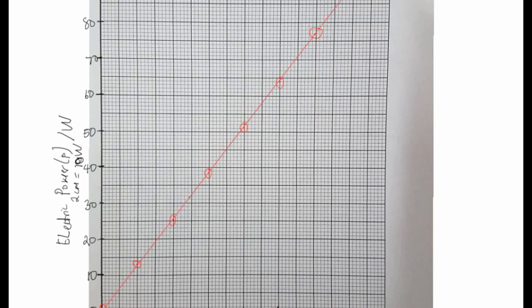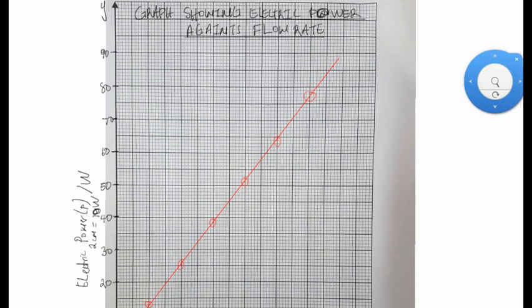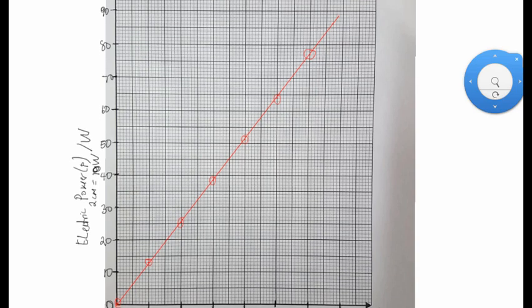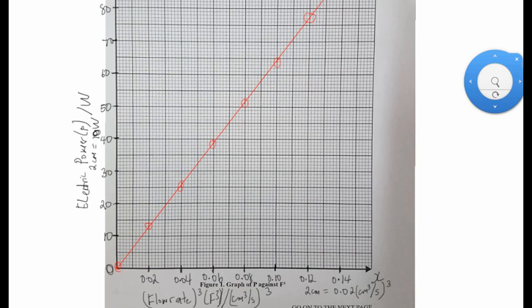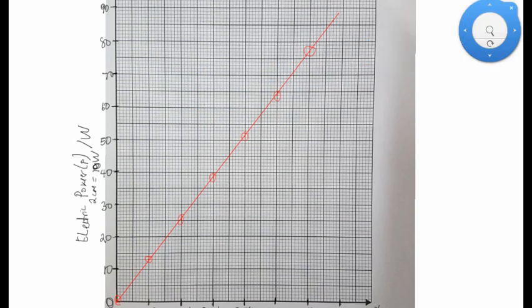Right, so that's my line of best fit. So my graph will look something like this. Alright, so I plotted the graph and I've drawn the line of best fit.